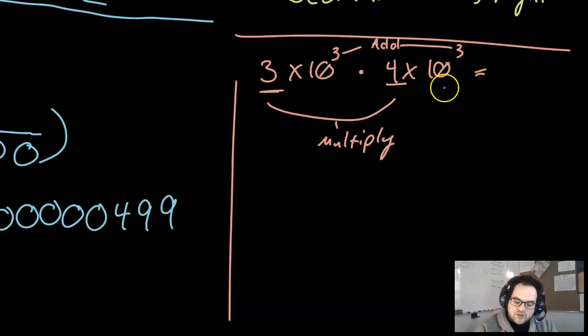So you're going to end up with 3 times 4, that's 12, times 10 to the 6.